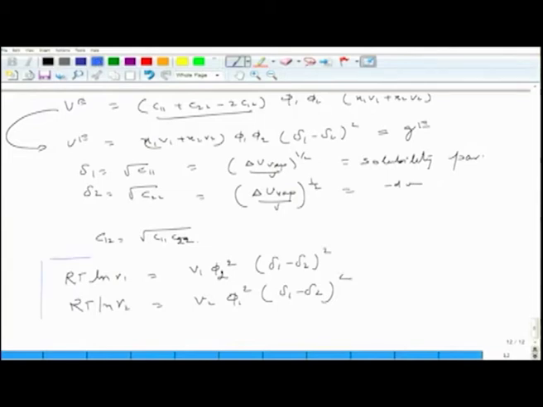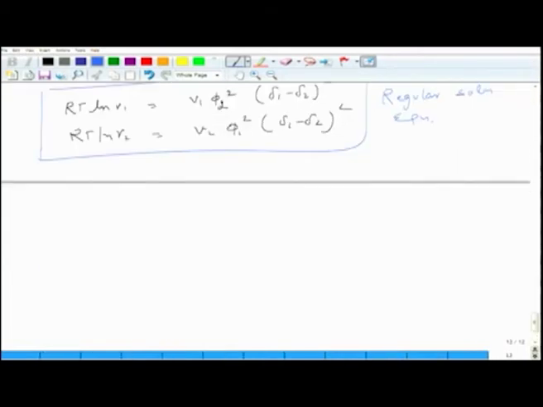And this is a very famous expression, which is basically the regular solution equation given by Scatchard and Hildebrand. Now, so you can rearrange these expressions.